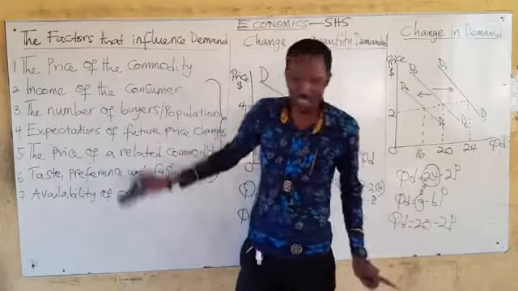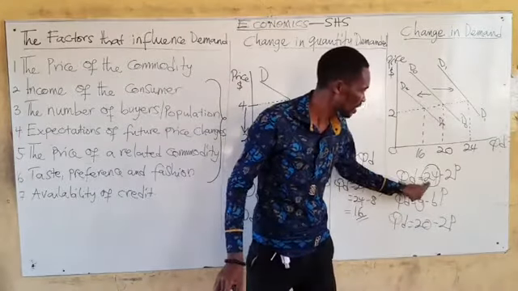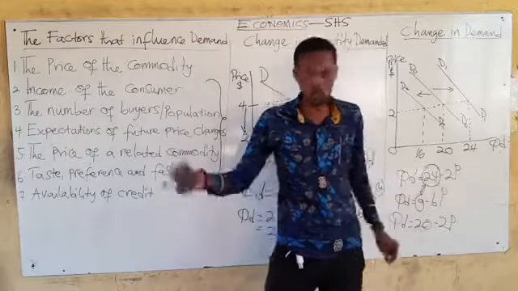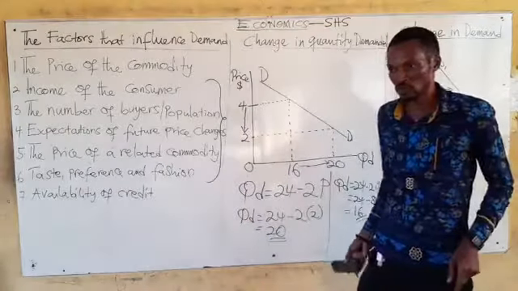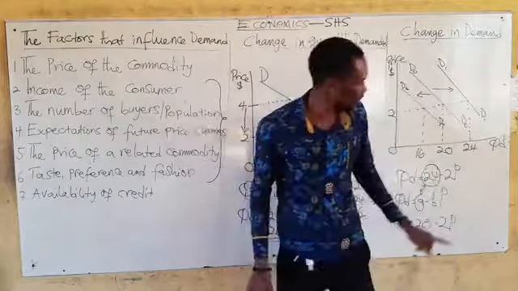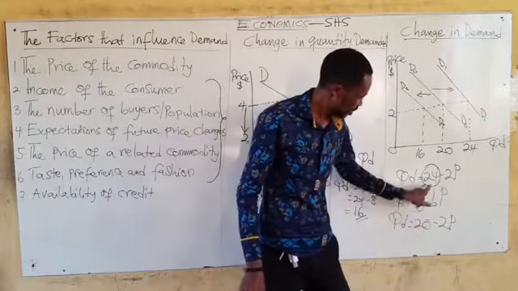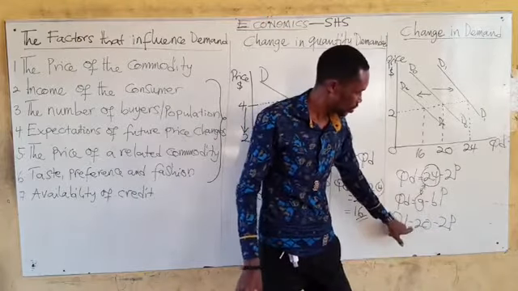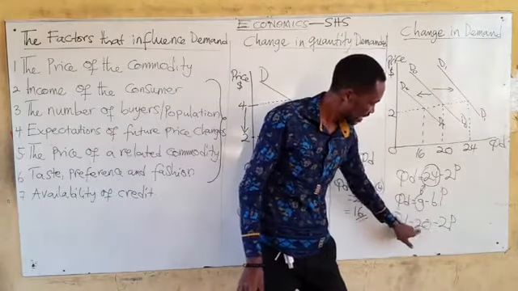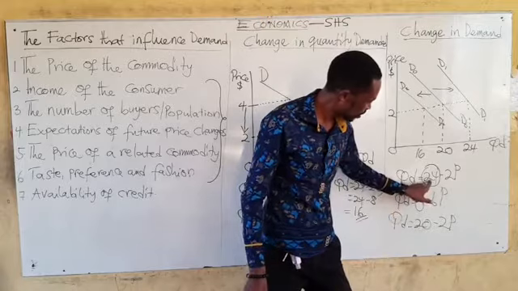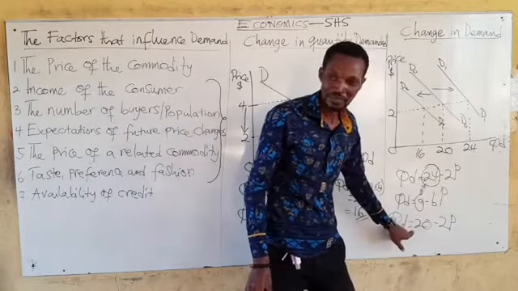But if price changes, this will not change. 24 will never change. It's rather the P that will change from say 2 to 4. But when any of these others change, then it means that the intercept 24 has to change. In this case, you realize that it has reduced from 24 to 20.